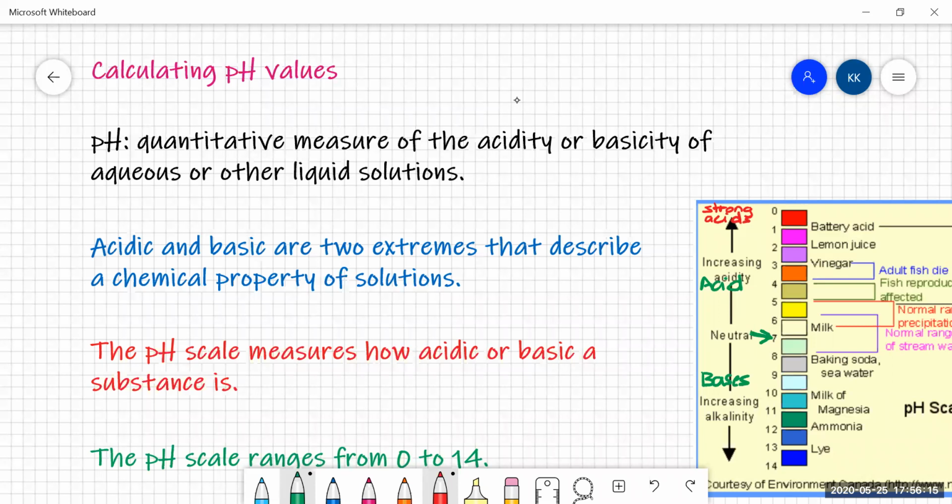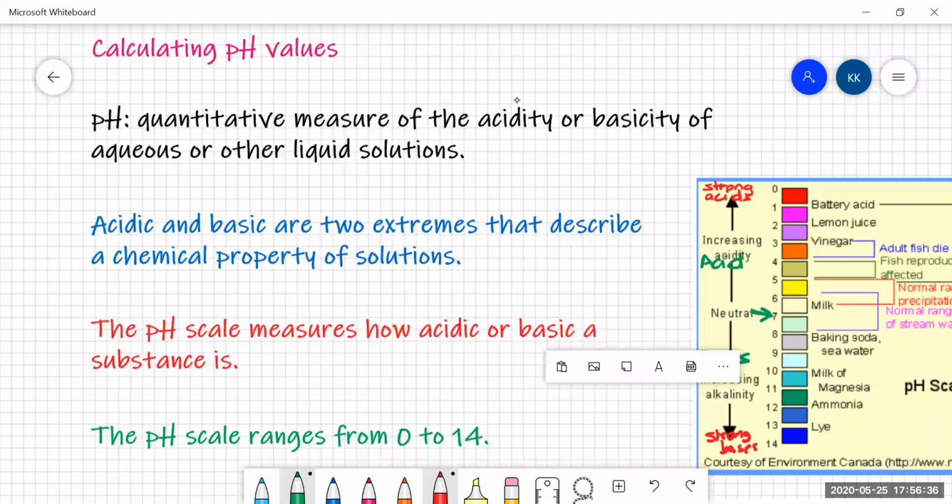And then you would have your concentrated strong bases at the other end of the scale. You can get negative pH values, so you can get values outside of this scale, but we normally work within the 0 to 14 scale. So pH just measures how acidic or basic something is.